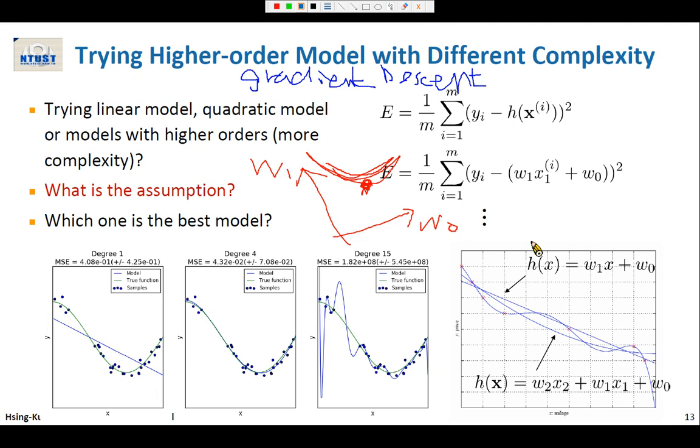The dimensionality will be m by 2, and this one is m by 1, and this one is m by 1.